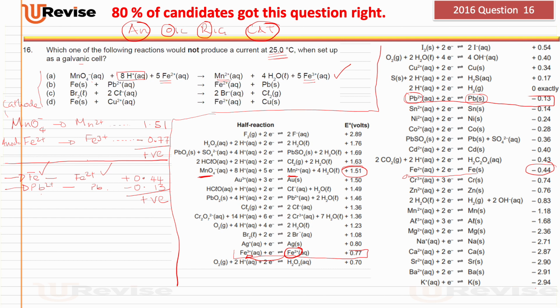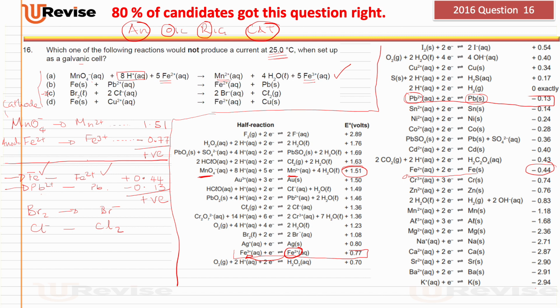Let's look at the next one, C. We've got bromine going to bromide ions, and the other one is chloride ions going to chlorine. Let's look for these half equations here.